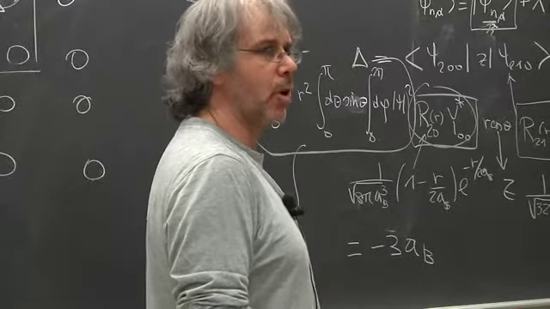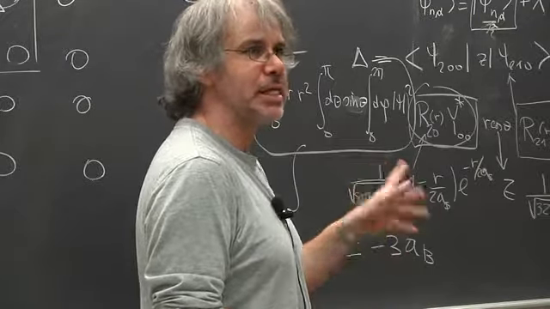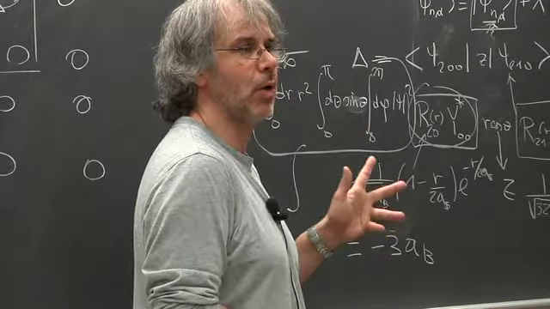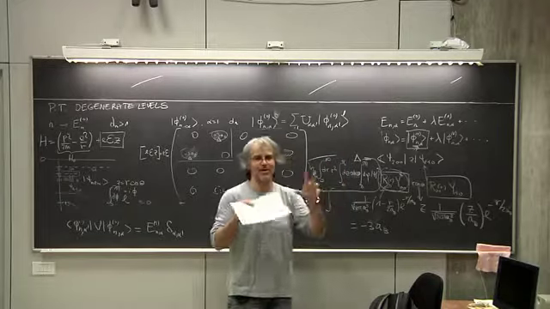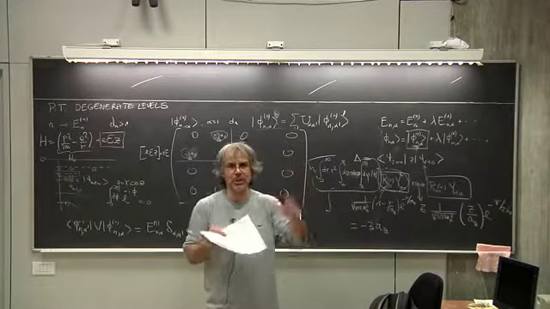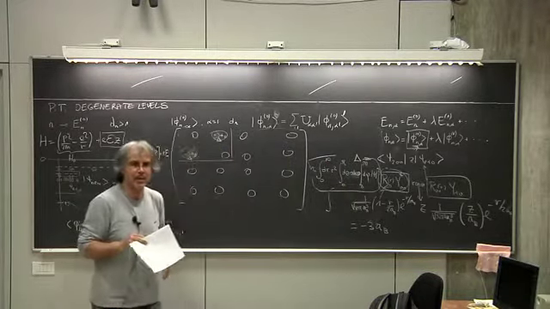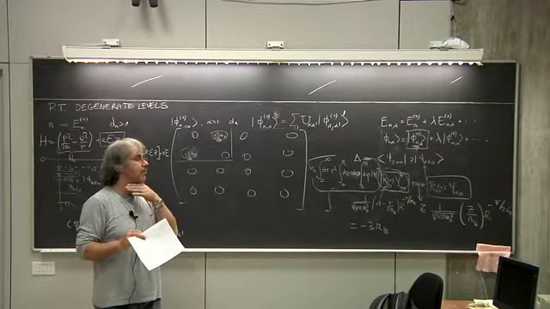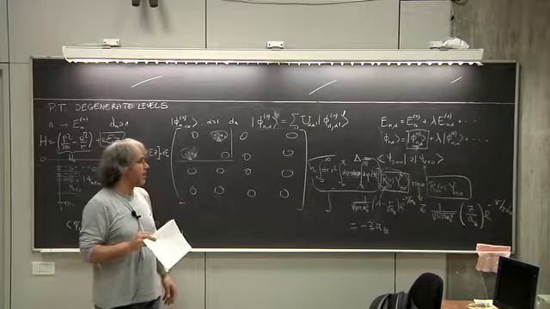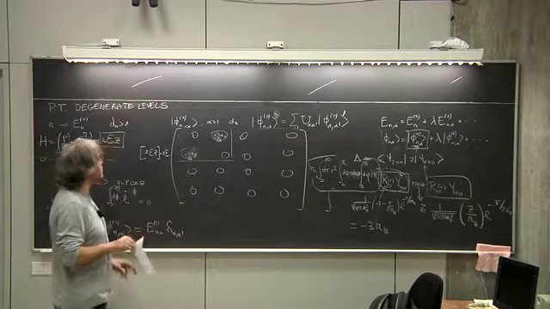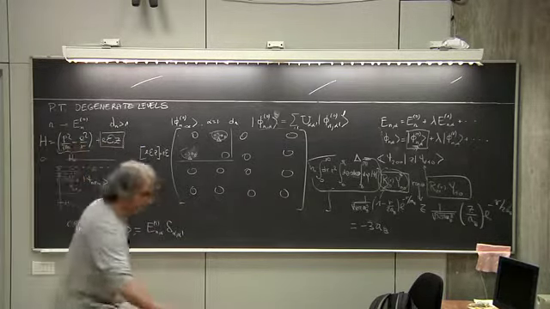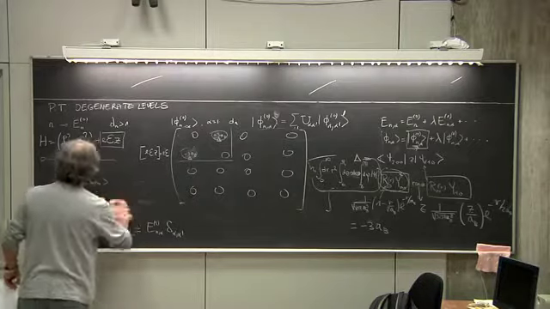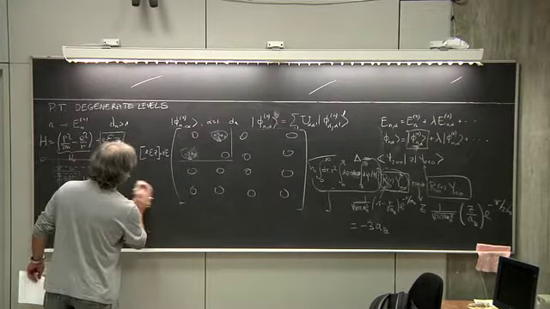You always have to have the right coefficient in the end to calculate something, because otherwise, if you don't have a normalized function, your matrix element can be any number. So the thing has to be calculated with a normalized wave function. All right, good. So let us finish this exercise.